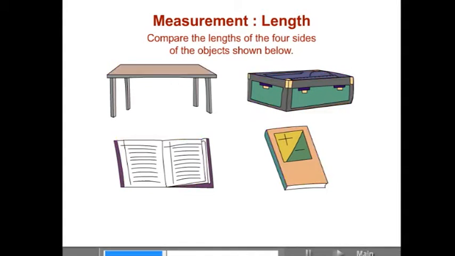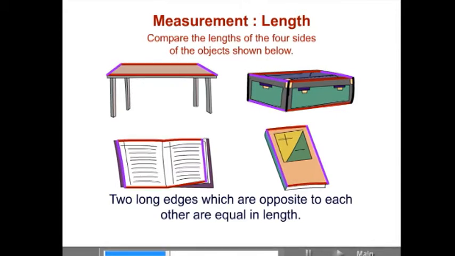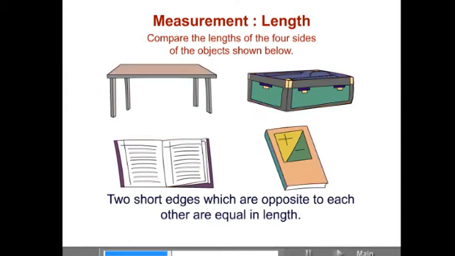In each of these, there are four edges, two long, two short. The two long edges, which are opposite to each other, are equal in length, and the two shorter edges, which are also opposite to each other, are equal in length.